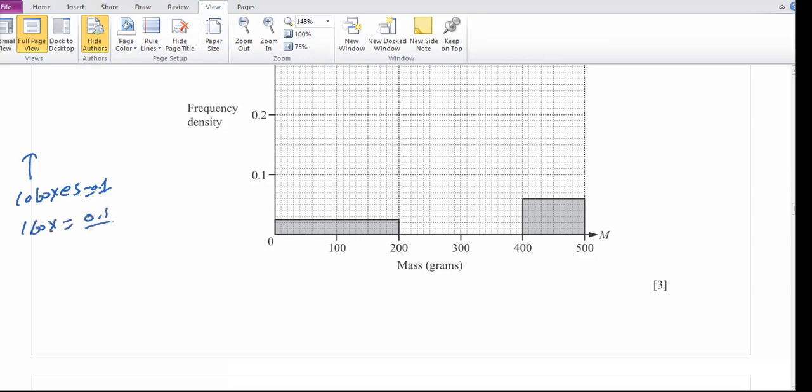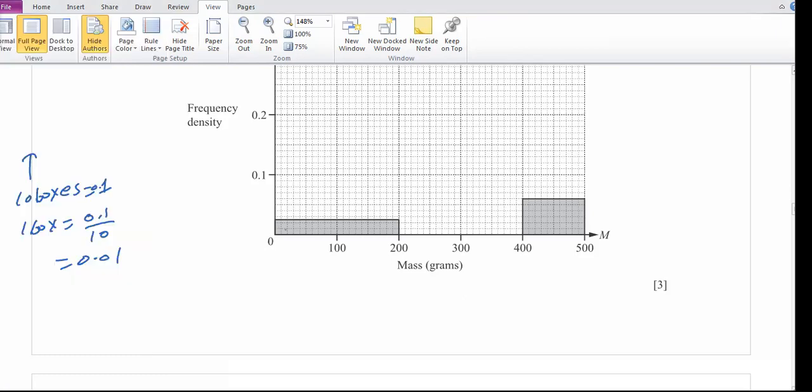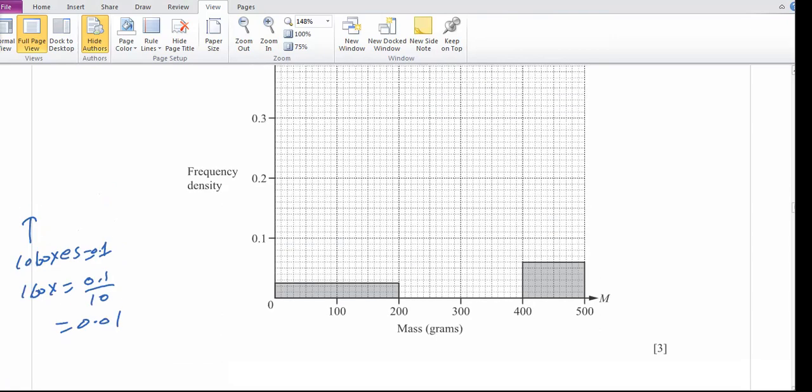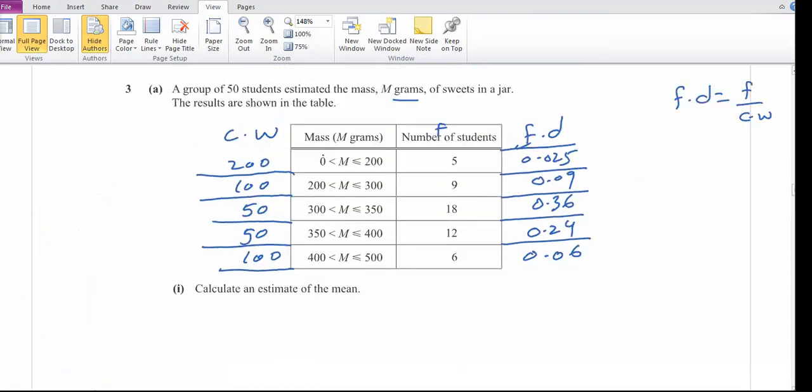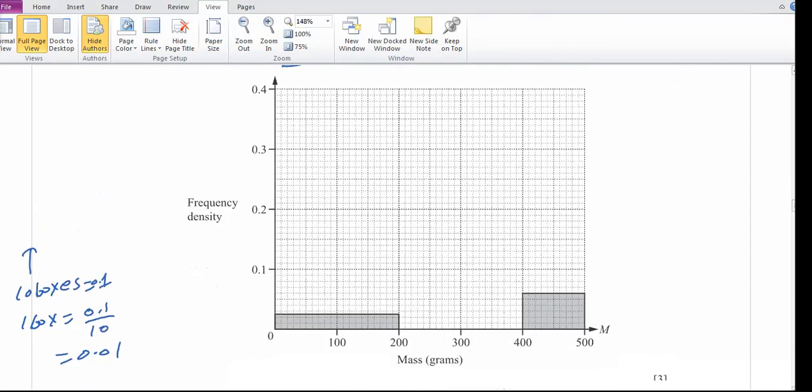One box will be 0.1 over 10, and that will become 0.01. It means each box is 0.01. So you can see the frequency density for this one was 0.025. So where will be 0.025? 0.1, 0.2, and 0.25. So the first one is made.